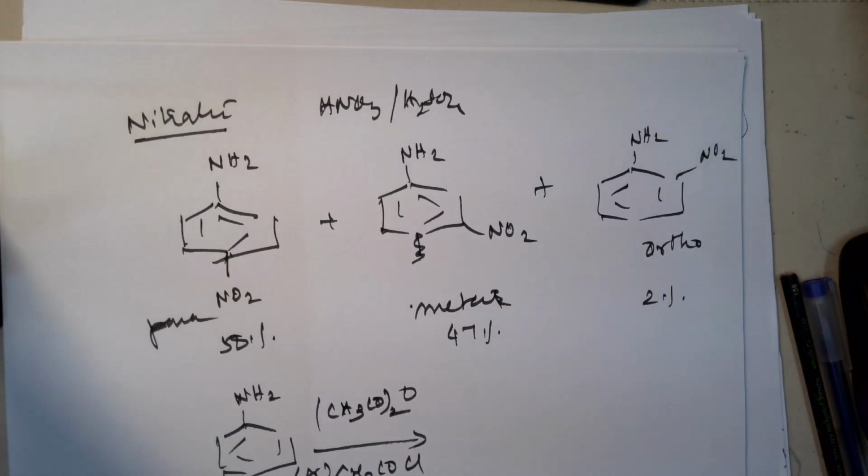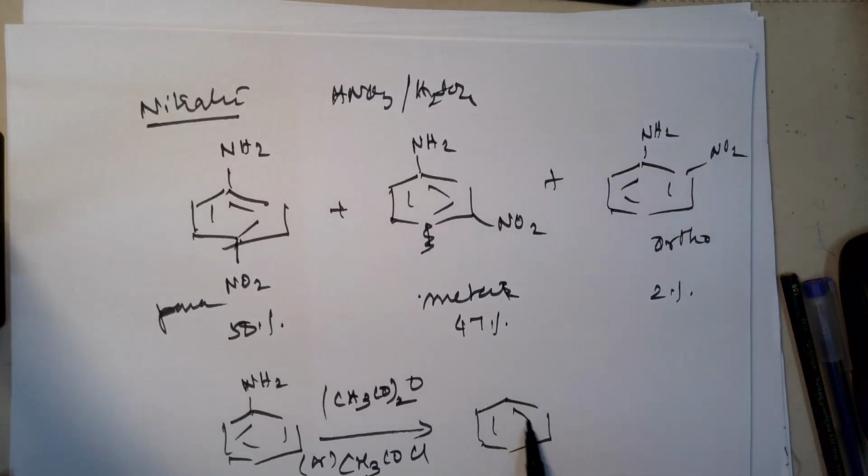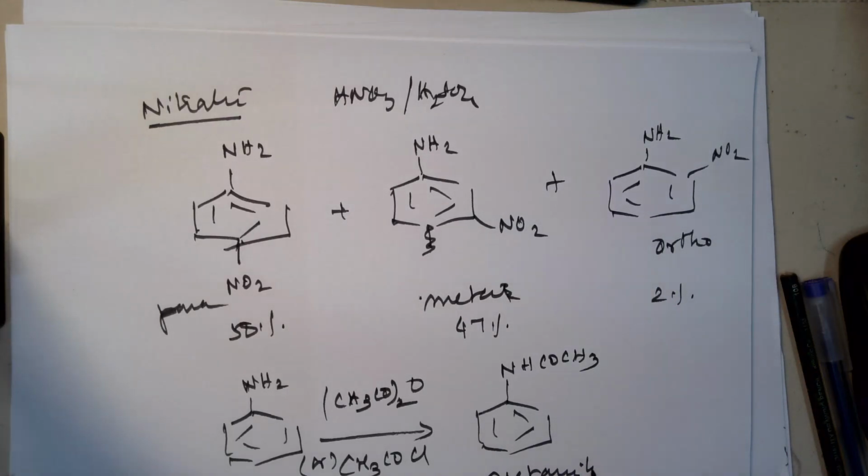Either of these can act as an acetylation agent, so that you are able to get acetanilide. This is a very specific compound. This is known as NH, and this becomes COCH3. So this is called acetanilide.